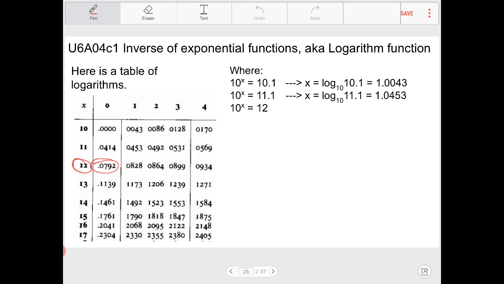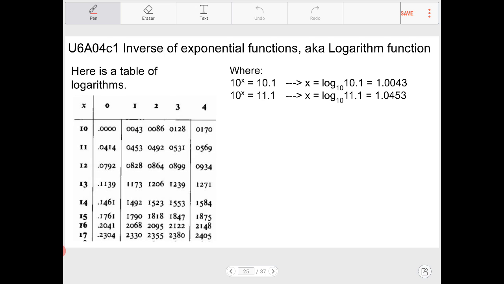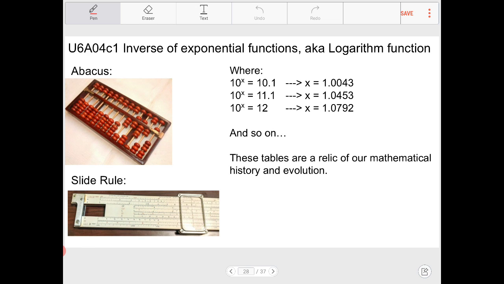These logarithm tables and these exponential tables from before are all a part of our human evolution and our human history. These are relics of the past, and you know what? In poorer countries, the abacus, the slide rule, the log tables and exponential tables are all still used.